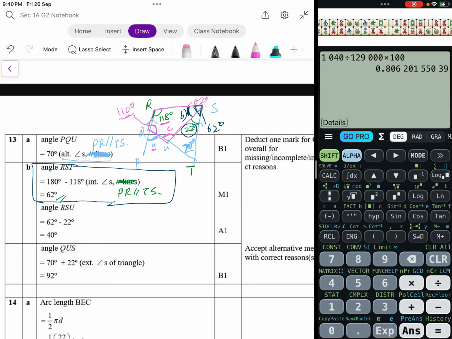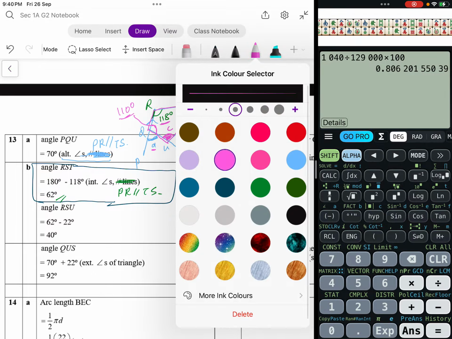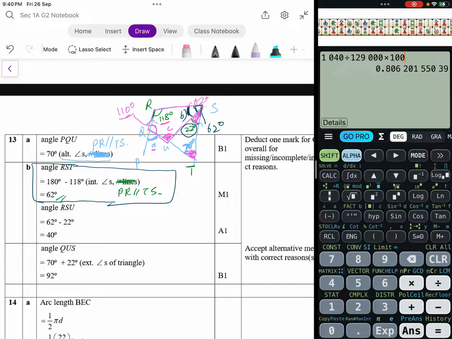Or you can follow what this question did: exterior angle of the triangle. This angle here plus this angle here should equal this angle, because 180 minus 22 minus 70 gives this angle, since angles in a triangle equal 180 degrees.